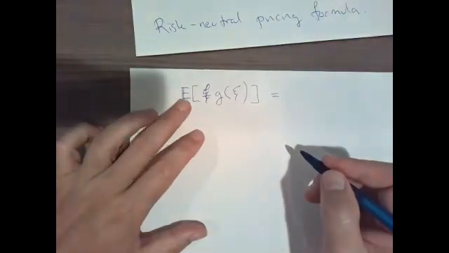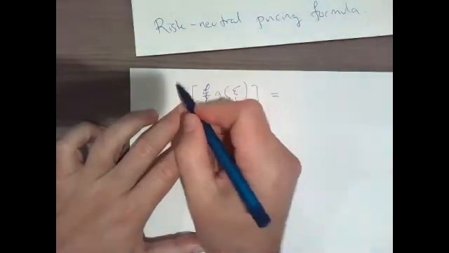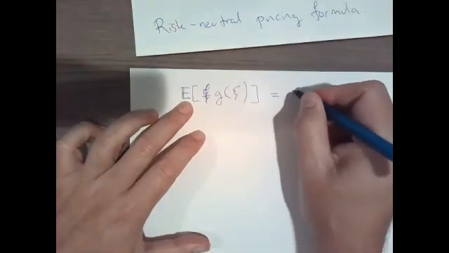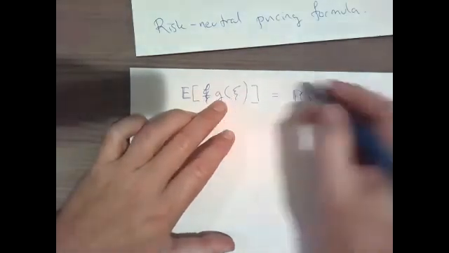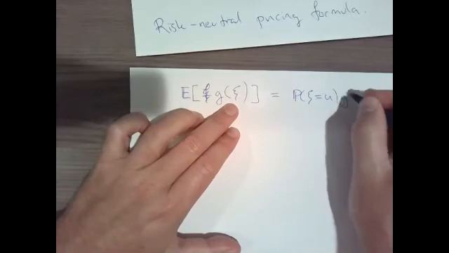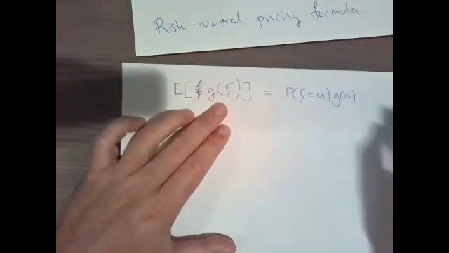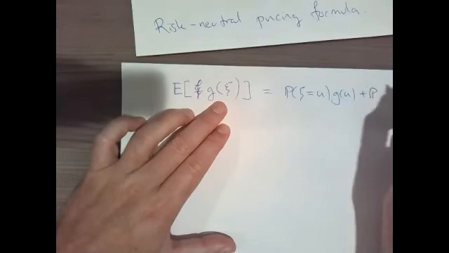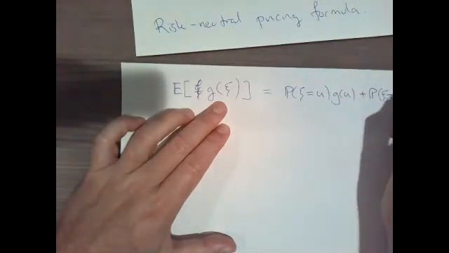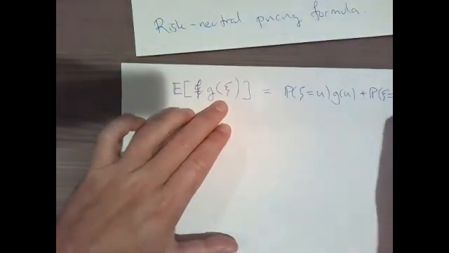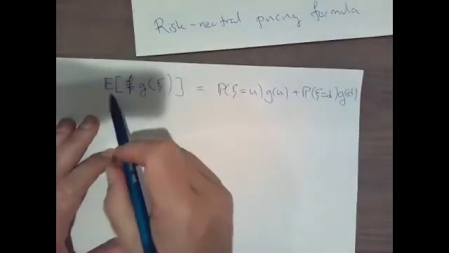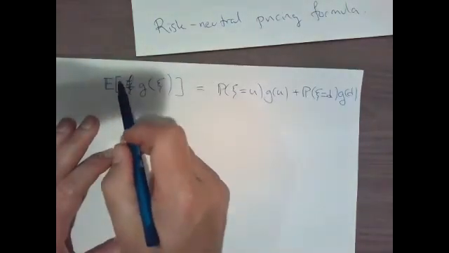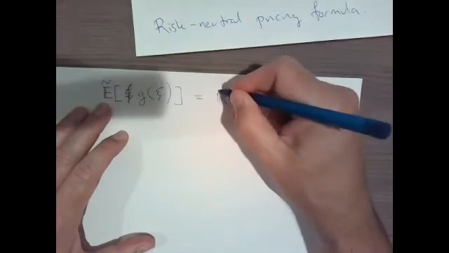So if I'm computing expectations under p, without the tilde, I get the probability that psi is up times g of u plus the probability that psi is down times g of d. That is if I were to compute under the p measure, but I'm not interested in that, so I'm putting tildes everywhere.